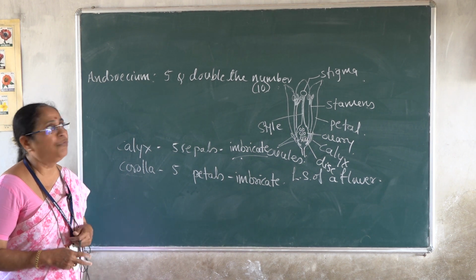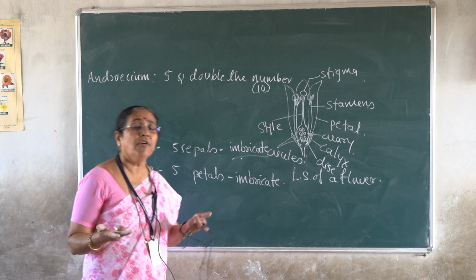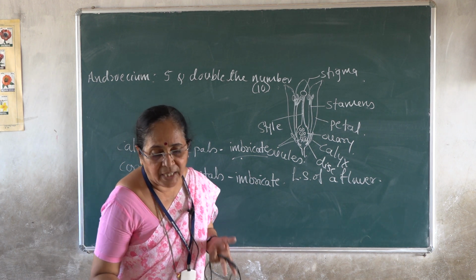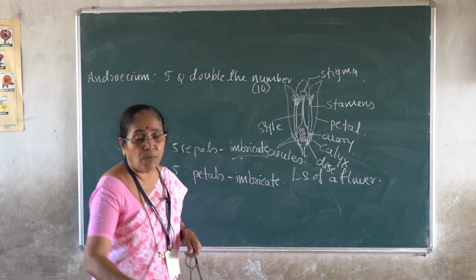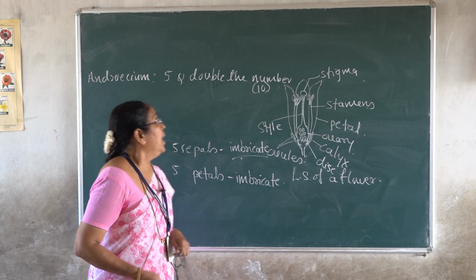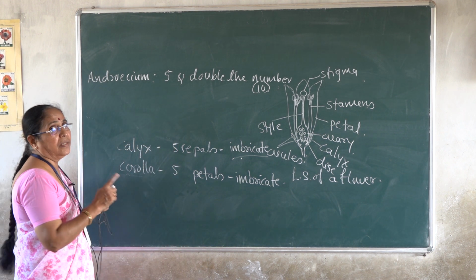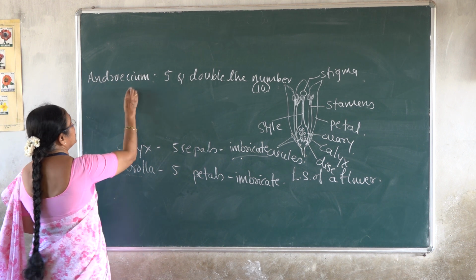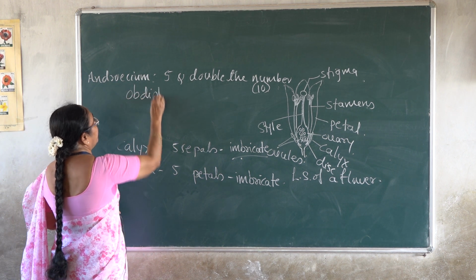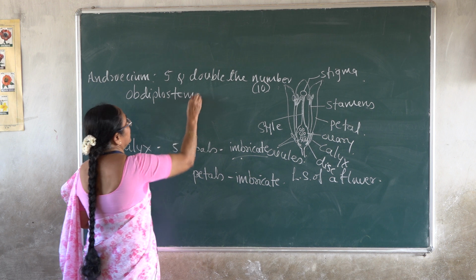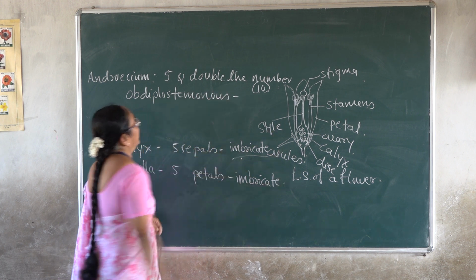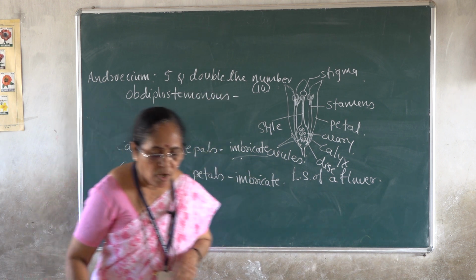If the stamens are 5, they are arranged in one whorl. If the stamens are double the number of petals, meaning 10 stamens, then comes the question of their arrangement. If the stamens are 10 in number, it is described as obdiplostaminous. You can check the meaning of this word.